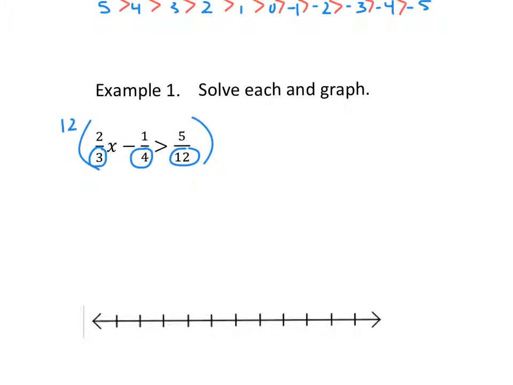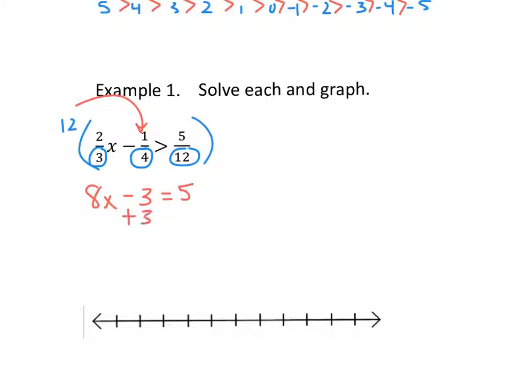So when I do this, I'm going to multiply 12 times 2, which is 24, and then dividing by 3. So a fraction is just multiplying and dividing. So this would be 24 divided by 3, which is 8x. Then I multiply 12 times 1, which is 12, and divide it by 4. So that's going to be -3. And then 12 times 5 divided by 12, 60 divided by 12 is 5.